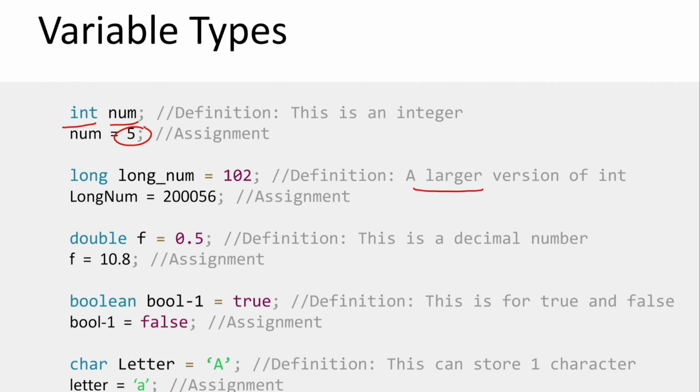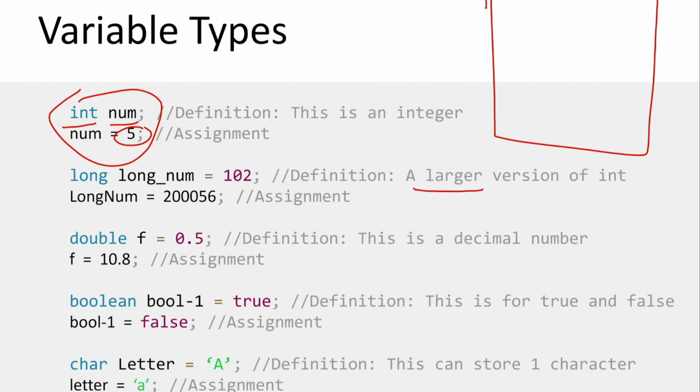If you define the thing, like in the int's case, you're just saying that, okay, in my memory over here, I am going to allocate space for num, alright? And I'll use that later, right? As you can see in these, you use the equal sign to assign and change the value of the variable.